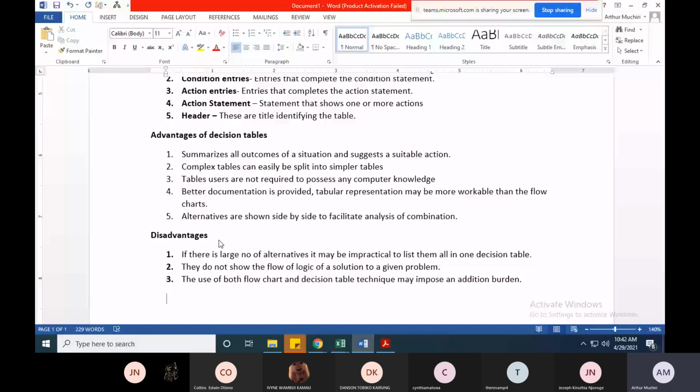So let's look at the steps for developing a decision table. What are the approaches that we have before you start drawing? Because I'm very sure most of you are waiting to draw this decision table.